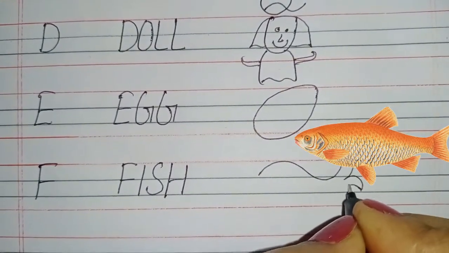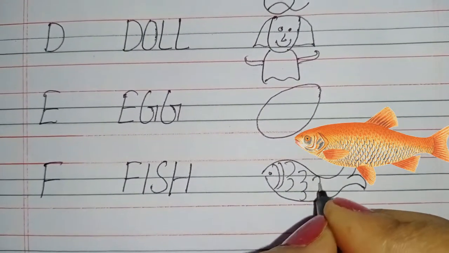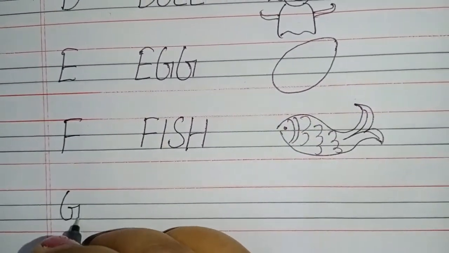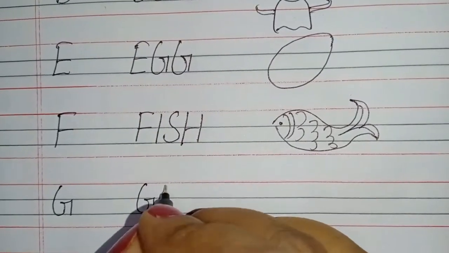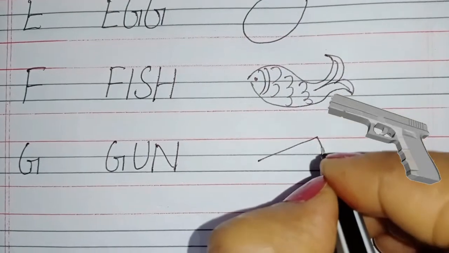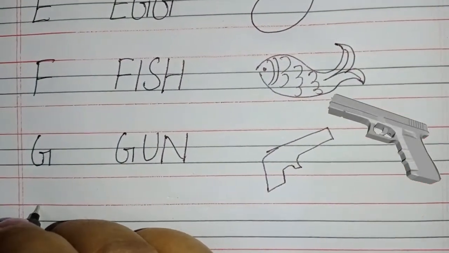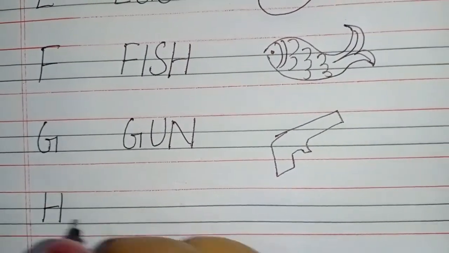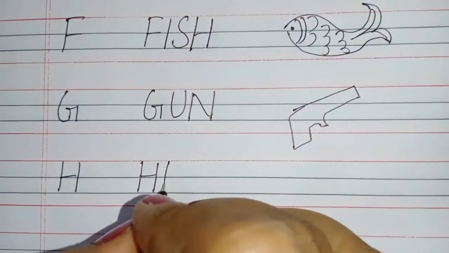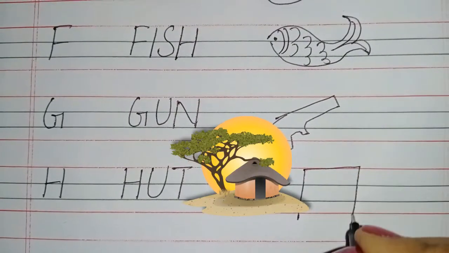F for fish. G. Gun. G for gun. H. H U T. Hut. H for hut.